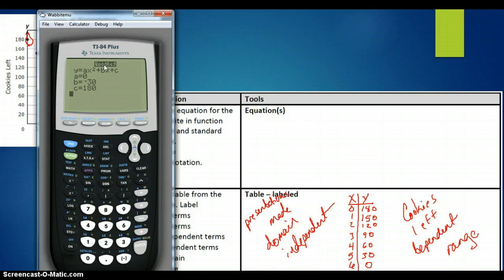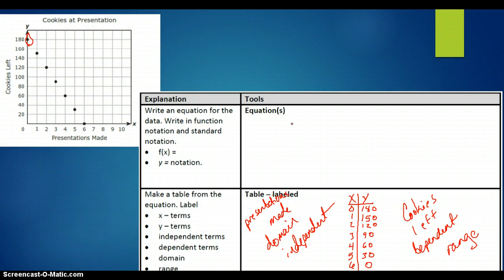Okay, it looks like we've got a linear equation with that a term being 0. We won't have an x squared, we'll just have an x. So let's write it down like we've been doing. A is 0. B is negative 30. And C is 180.